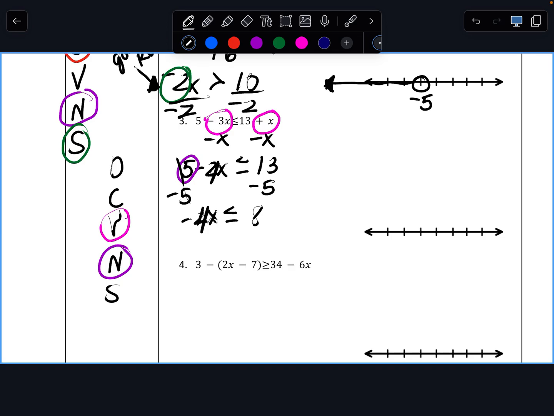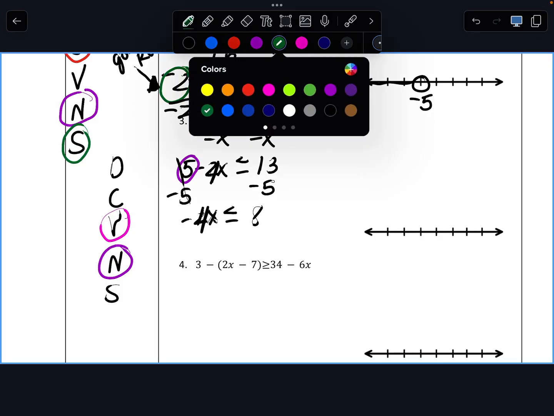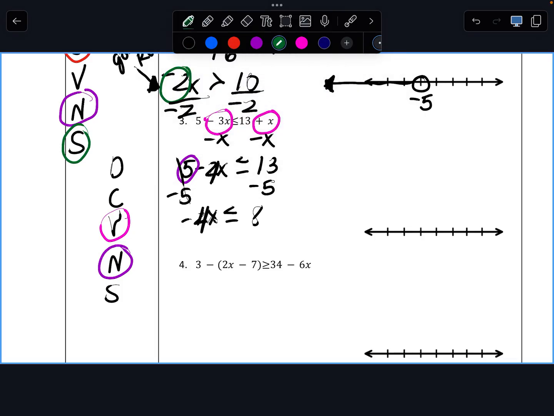Okay. Now, I'm going to divide. I'm going to do my last step of solve. So I'm going to divide by -4, both sides.